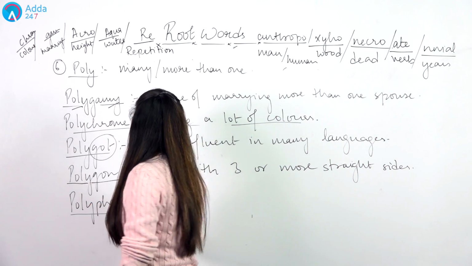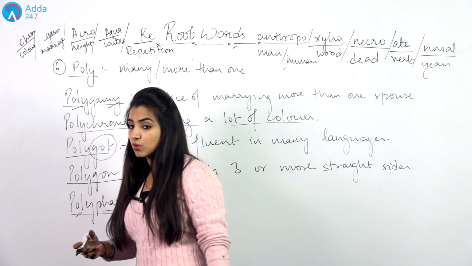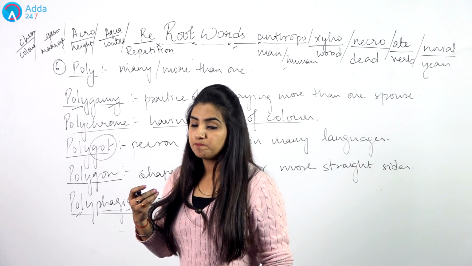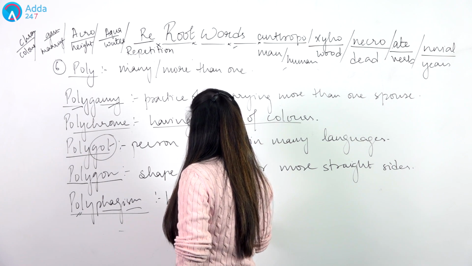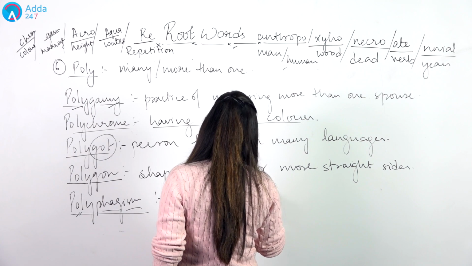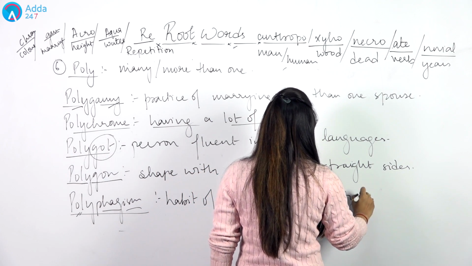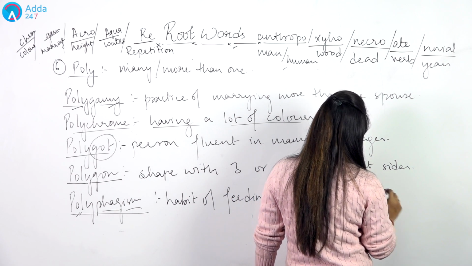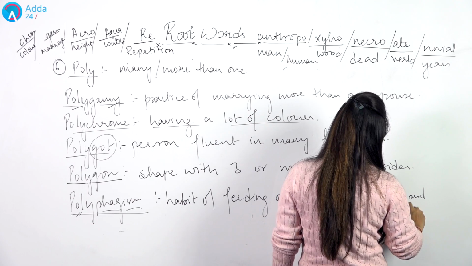Next is polyphagism. Now see, poly means many, phag means eating something. ISM defines a process of something. So polyphagism is actually a habit of feeding on a variety of plants and animals.